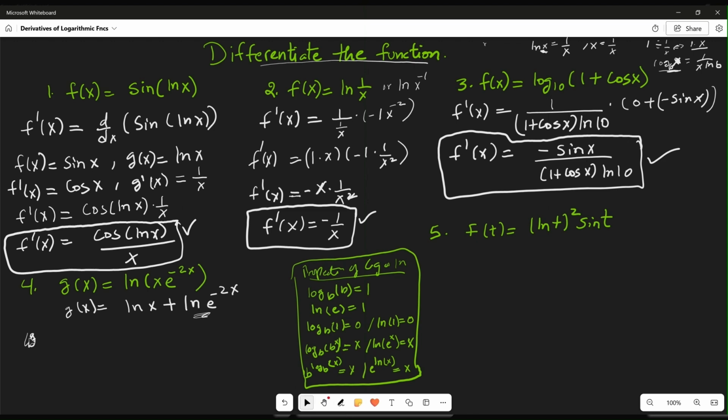So I would like to simplify this so it's easier for me to take the derivative. And there's nothing wrong in applying some laws or properties of logarithmic functions. So okay, still g of x, right? We have simplified this to this plus. We know that natural log of e to the x is simply equal to x, and here x is negative 2x. So we have negative 2x here. Now we are going to take the derivative of this function, which is natural log of x minus 2x.